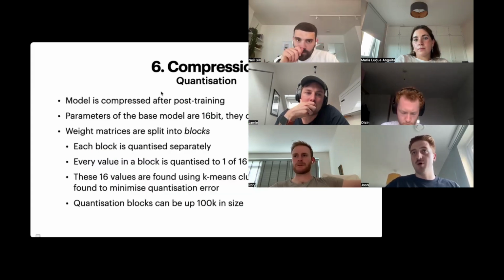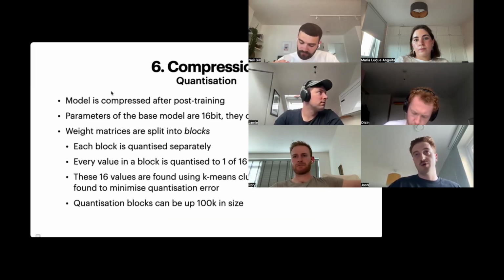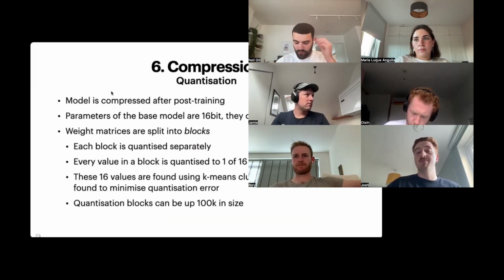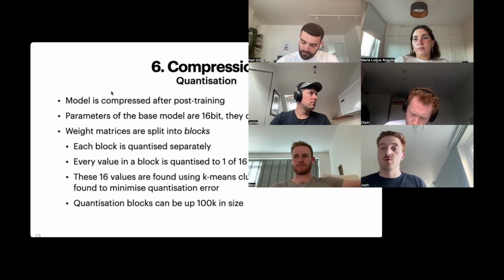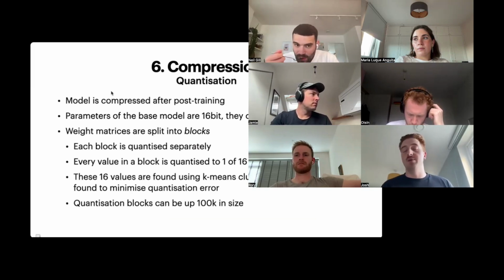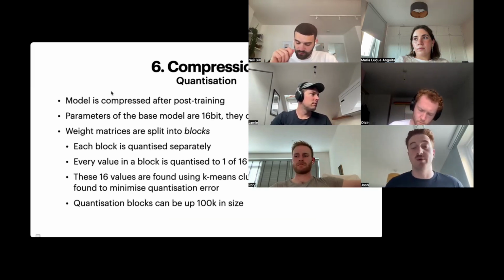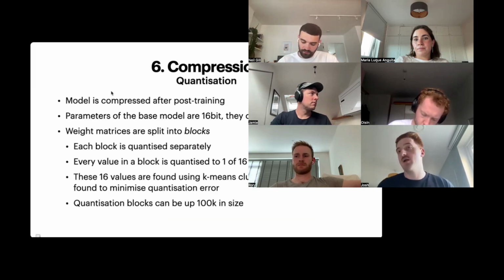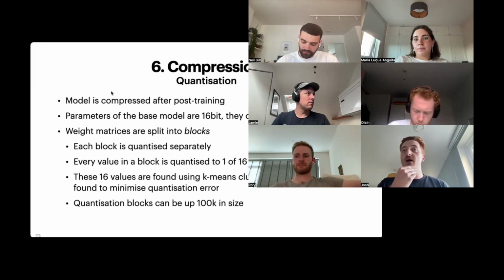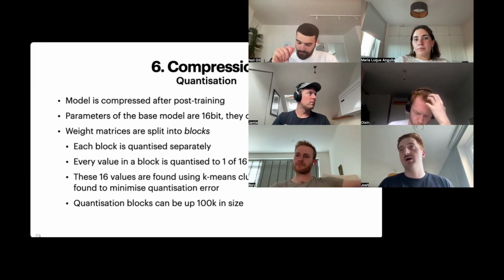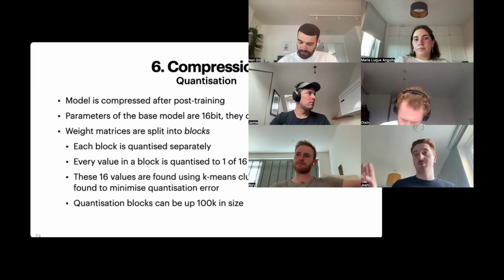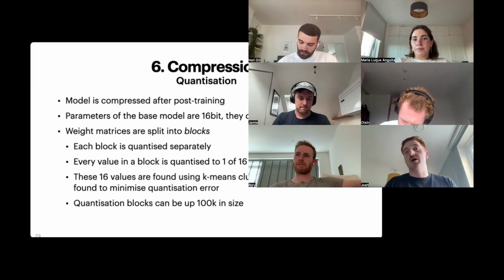So after post-training, we want to compress the model, going from 16 bits, and they managed to compress the model to less than 4 bits, whilst maintaining really, really strong performance, whilst vastly reducing model size. I've got a table a little bit later. The way the weights are quantized is they take a weight matrix, like up here, and split it into blocks, where each block is just a square section of the matrix.